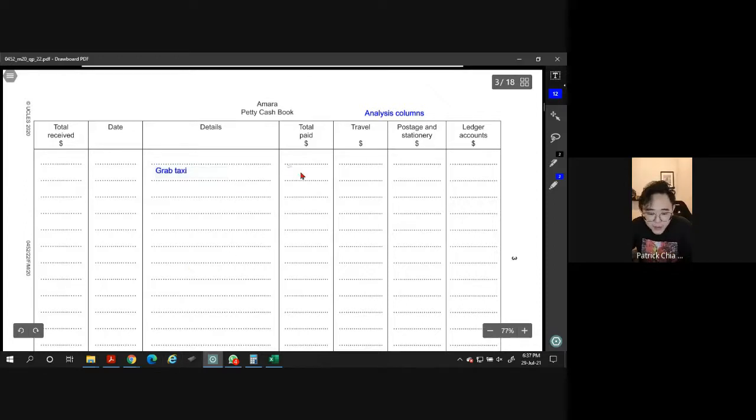And then you paid, let's say, $10. Will you get marks here? No, you haven't got marks yet. How to get marks? You have to decide, this $10, is it under travel? Is it under postage and stationery? Or is it under ledger account? When you put it in the correct column, then only you get the marks. So obviously, Grab will be under travel. Understand? Okay. So this is the usage of the analysis column.